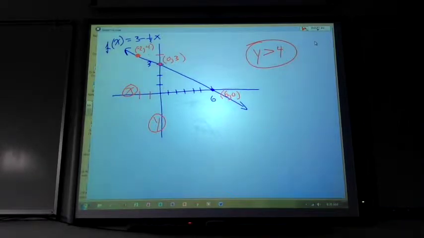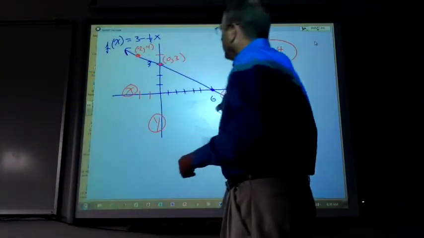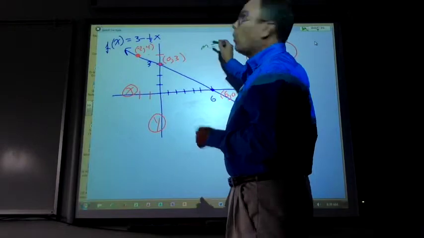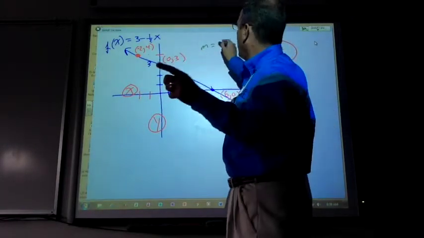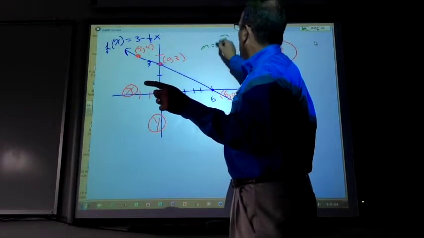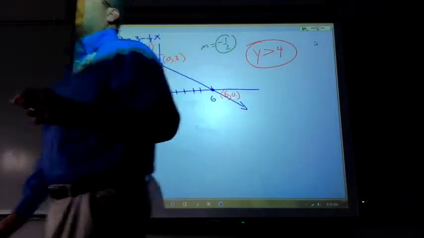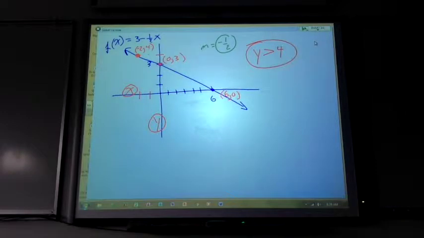But what's my slope of this line that's up here right now? Negative 1/2. That means I've got to go down and right. But I didn't go down and right to get to that point. I went up and left.